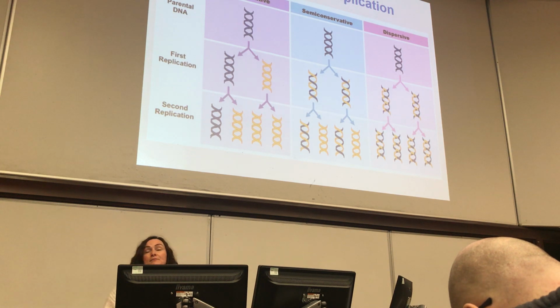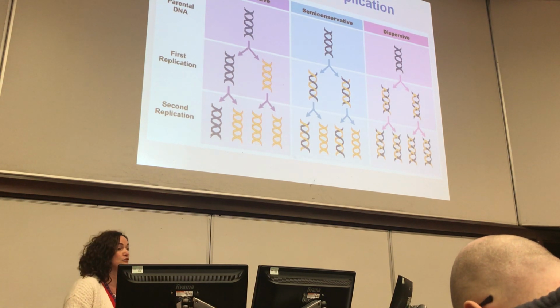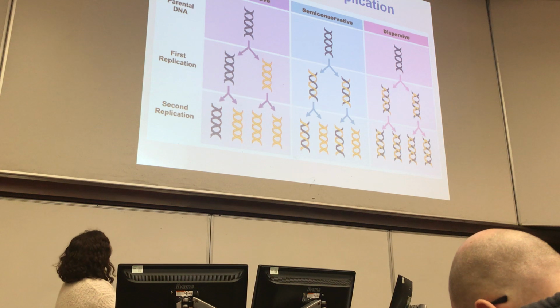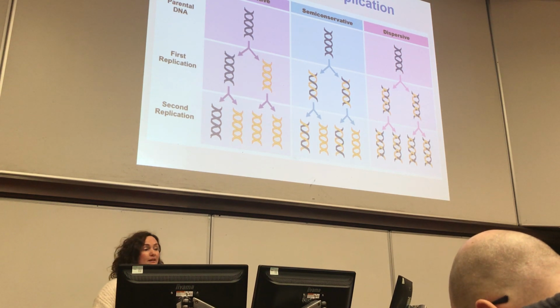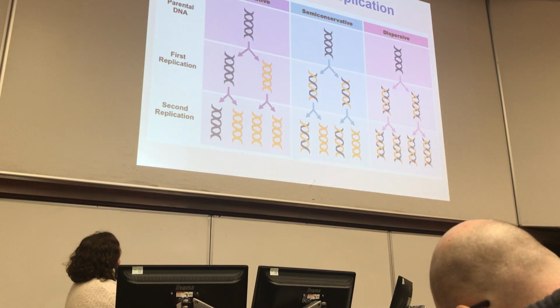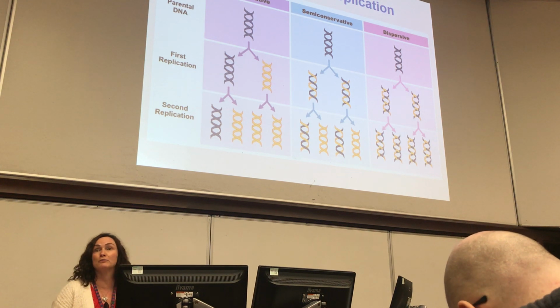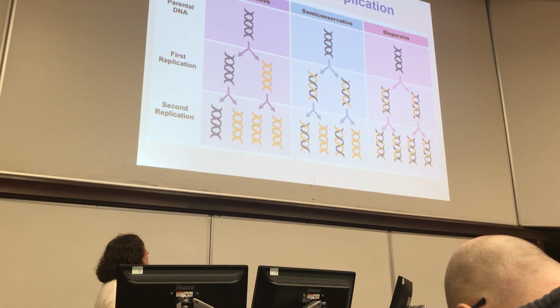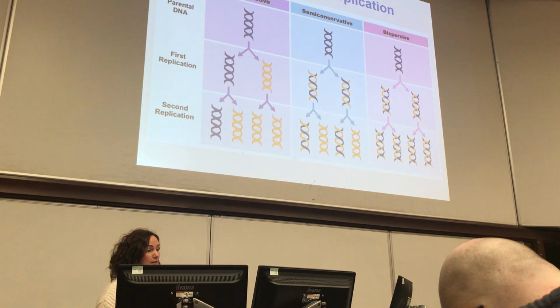But at the same time as semi-conservative replication was proposed, there were also two other models. Some may know the conservative model, but there was also another model proposed at the time, called the dispersive model.